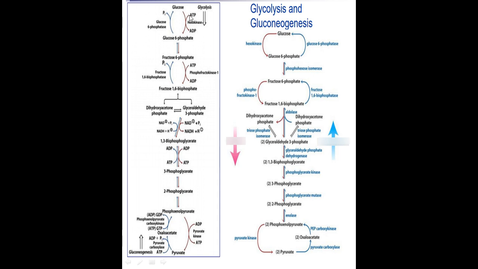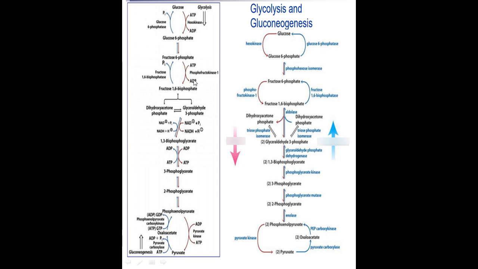This is opposed in the gluconeogenic pathway because, where you want to produce glucose, the phosphate group is removed from glucose 6-phosphate to form glucose, and this is catalyzed by the enzyme glucose 6-phosphatase.